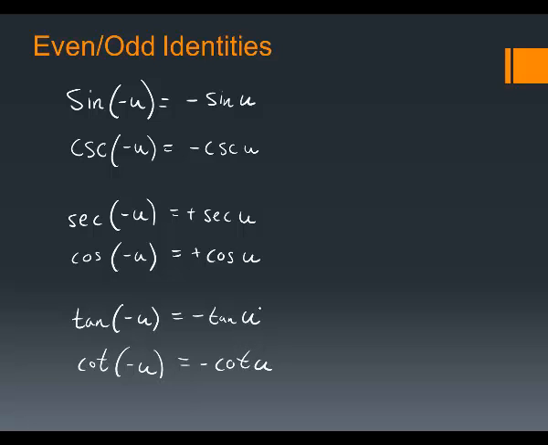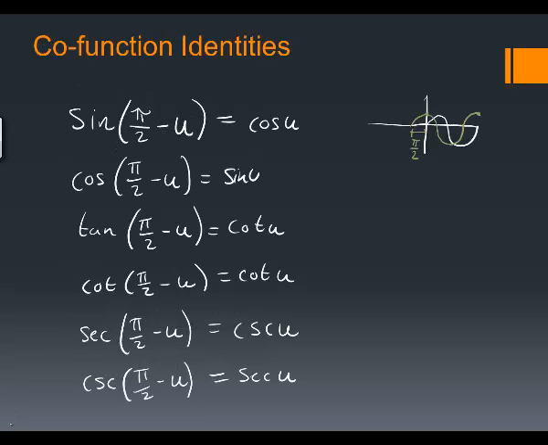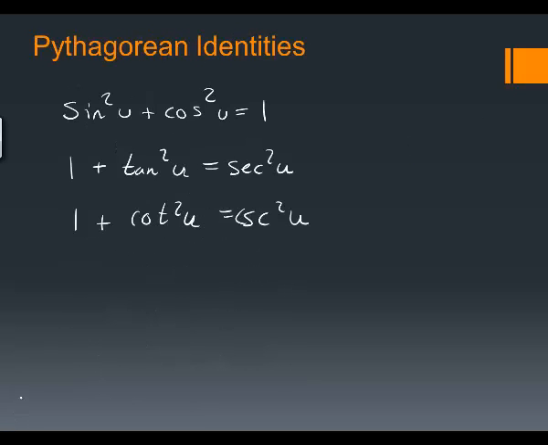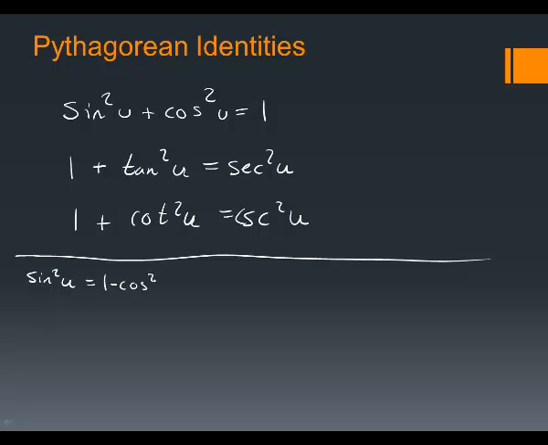Okay, so these identities will pop up. I want to head back just a little bit to our Pythagorean identities, and just note that some of these can be rewritten. First off, we can write sine squared u equals 1 minus cosine squared u. We can write cosine squared u equals 1 minus sine squared u.